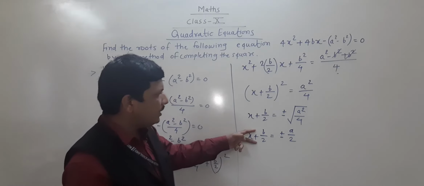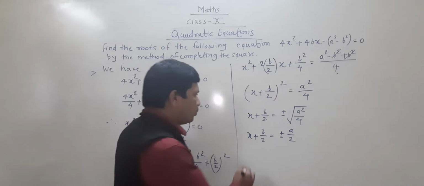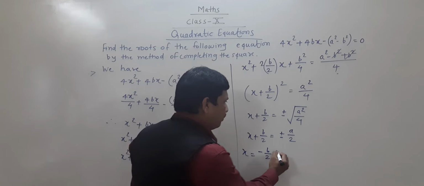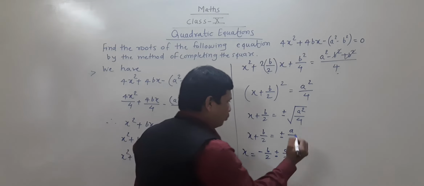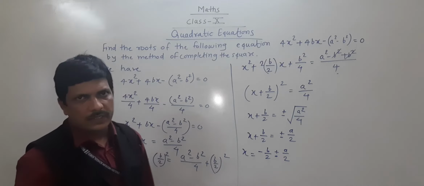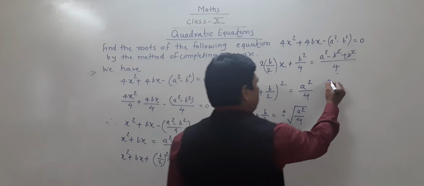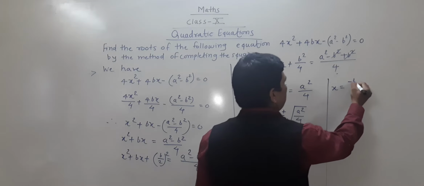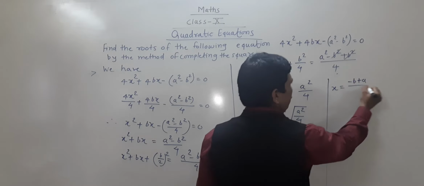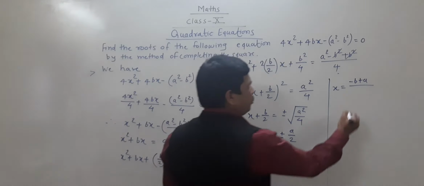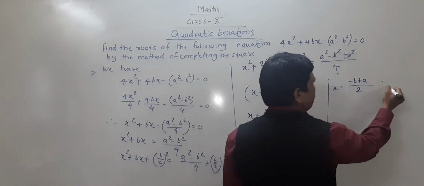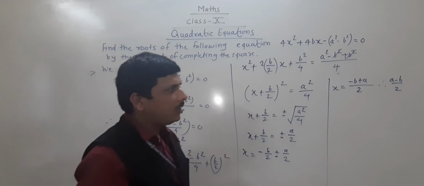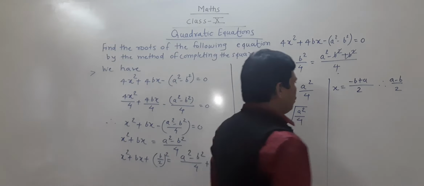Now we will set this on that side in the RHS. So x is equal to minus b/2 plus minus a/2. So now we can write x is equal to (minus b plus a) divided by 2, once we take plus. So we can write this as (a minus b)/2 also. x is equal to (a minus b) upon 2.